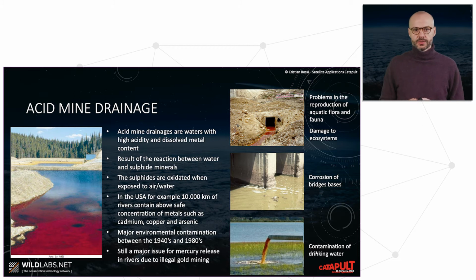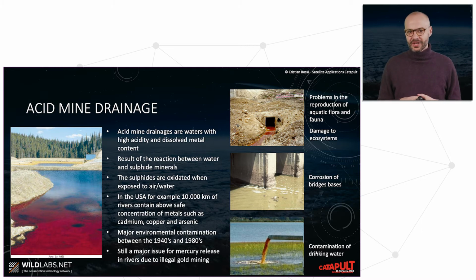Another application on pollution is more on mining and acid mine drainage. So this is when we have a mining setting, clearly, and chemical reactions that are used within the mining processing are dissolved and transmitted into the environment.